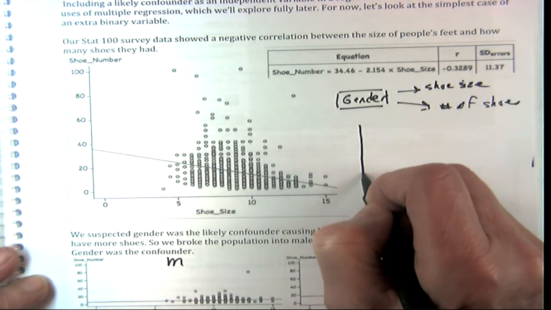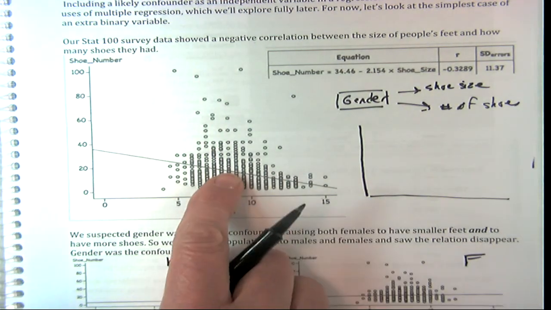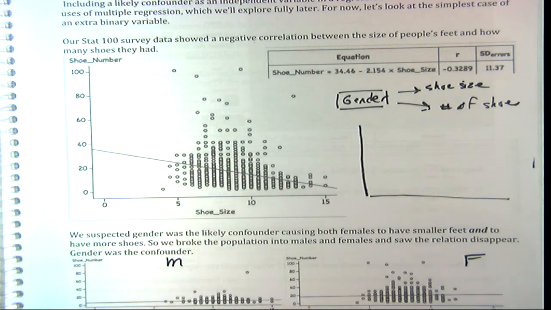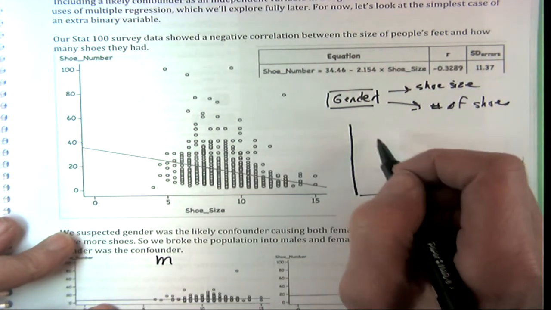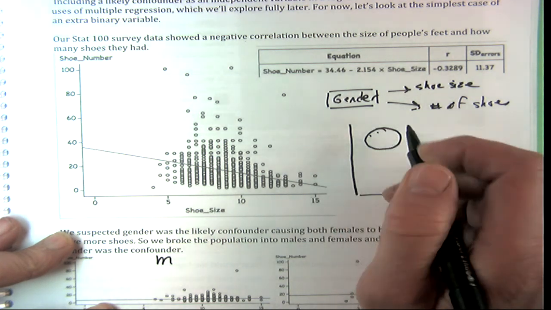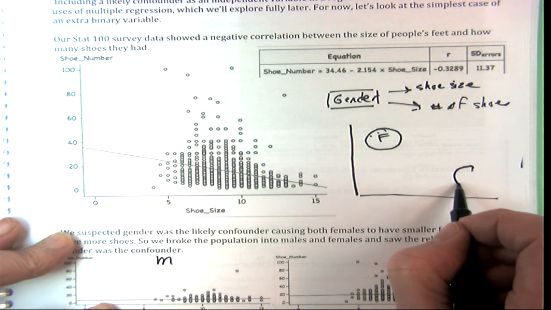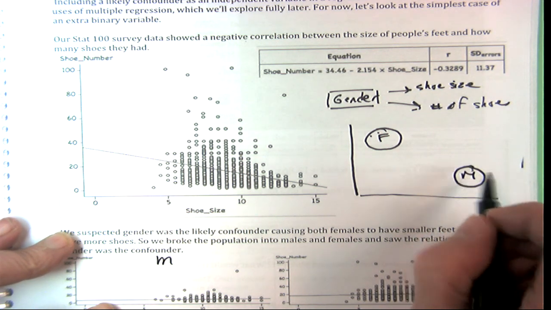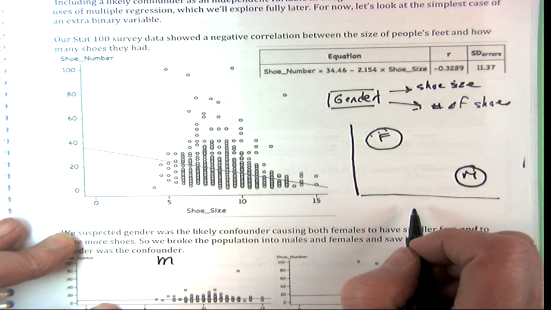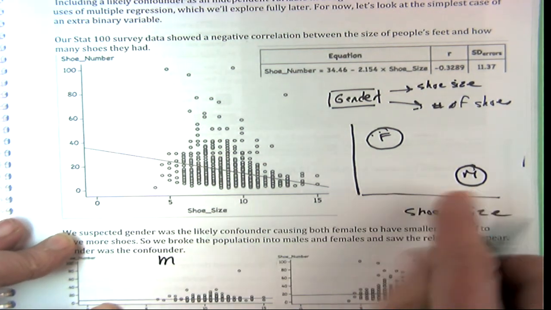A good visual to remember, an extreme visual, is this. On this plot, of course, there's overlap between boys and girls, but the idea is that you have a group of girls up here. These are the females. And then you have a bunch of guys down here. These are the males. This is shoe size. They have bigger feet, and they buy fewer shoes.